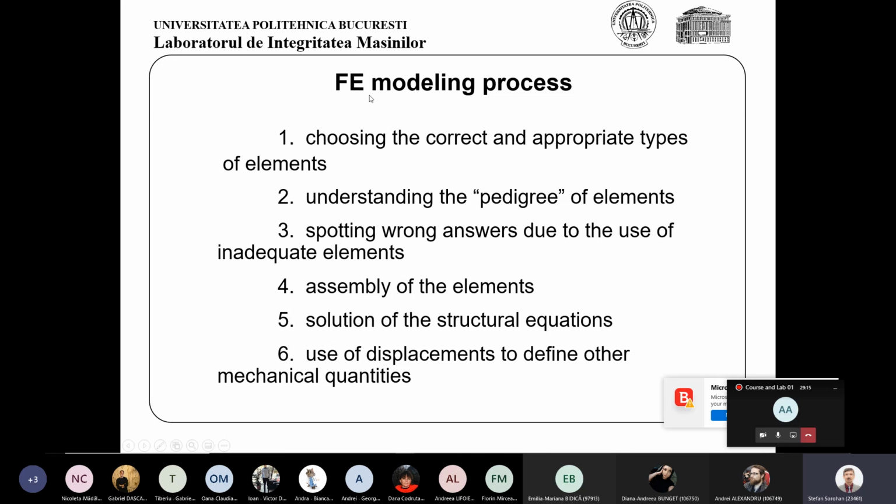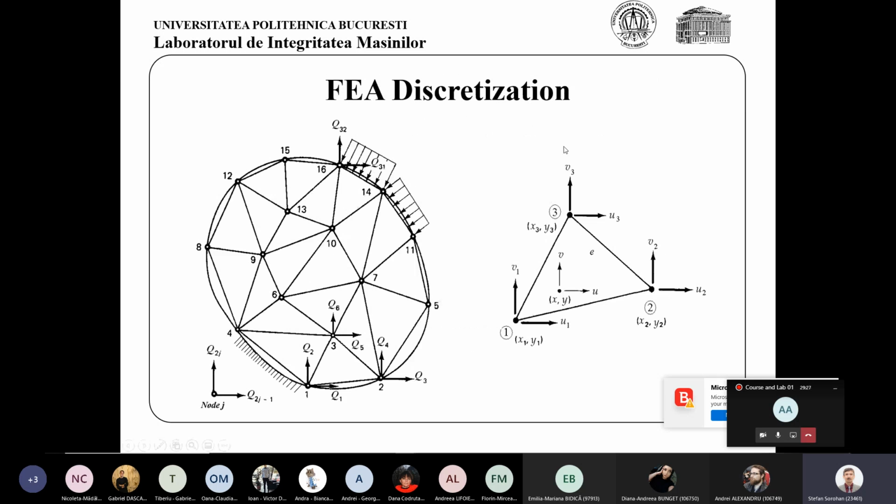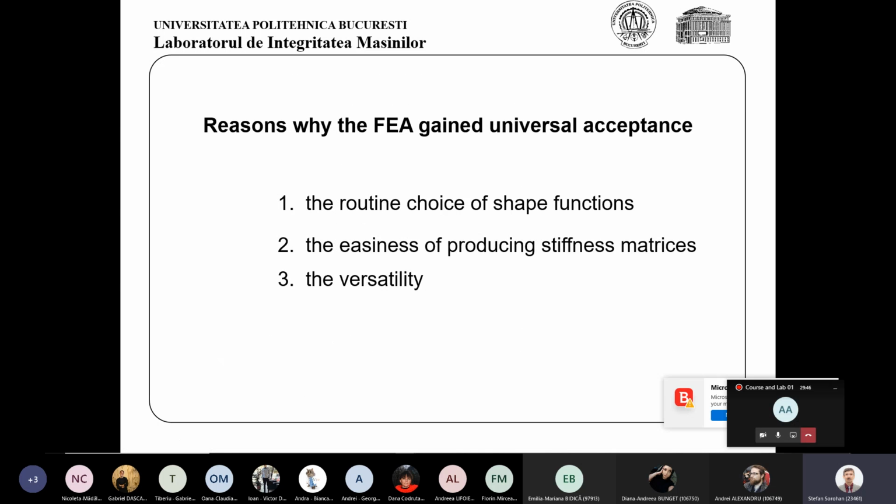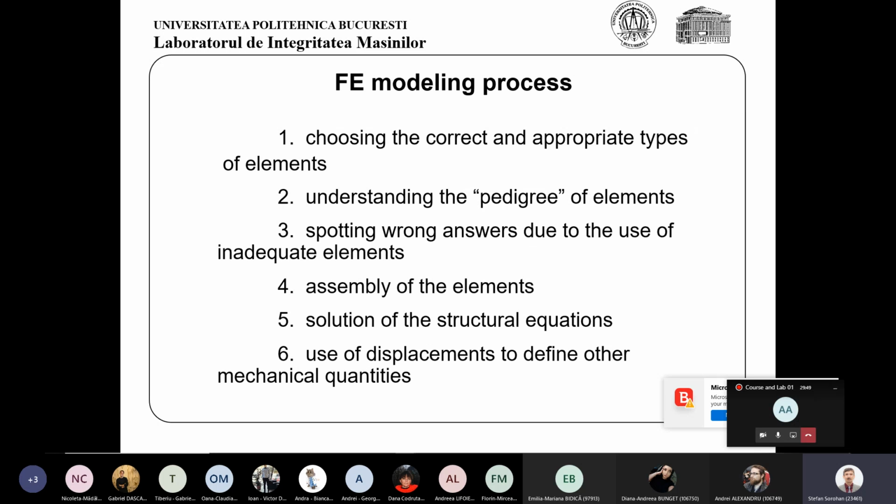Finite element modeling process, according to Professor Radesh. Okay, let's go back here. As you can see here, I told you that the displacement inside of this triangle will be a polynomial, but we can take first degree polynomial, a second degree, and so on. The polynomial is not unique.